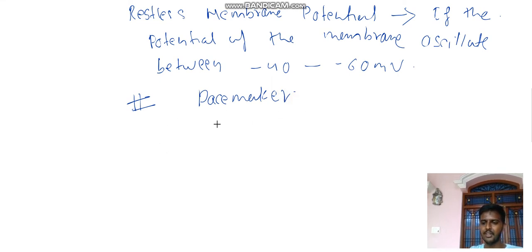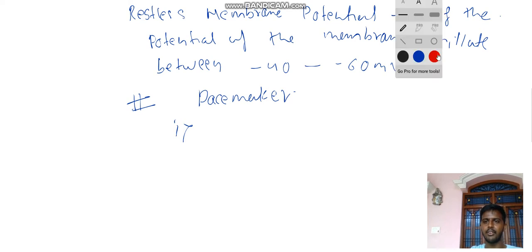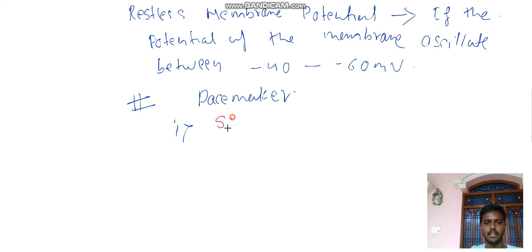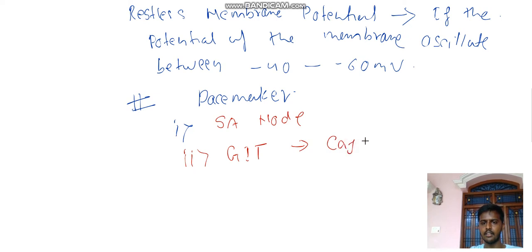So where will the pacemaker be found? At the very first, we all know that in the heart we will find the pacemaker, that is the SA node. Next, in the gastrointestinal tract, that is the cells of Cajal, there also the pacemaker is there.